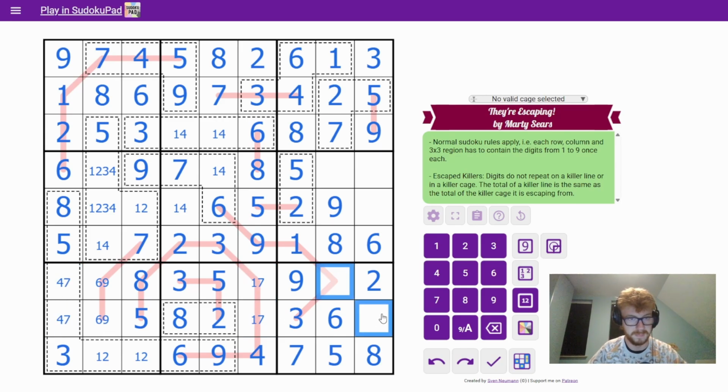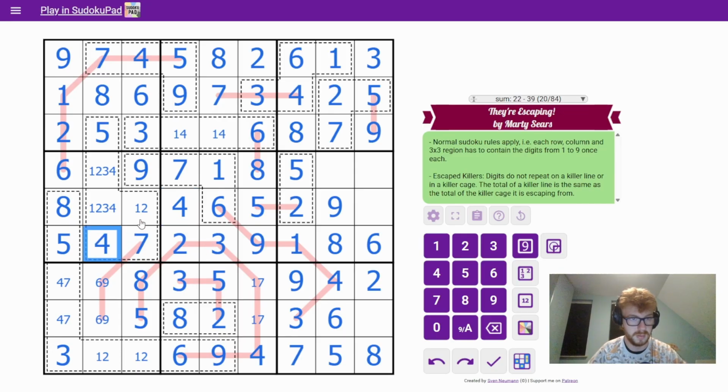What am I missing here? These sum to 4. That couldn't be a 7. Right, either this is 8 with that as a 4, or this is 11 with that as a 7, and that cannot be a 7. So that's a 4, that's a 1, that's our 4, that's a 4.